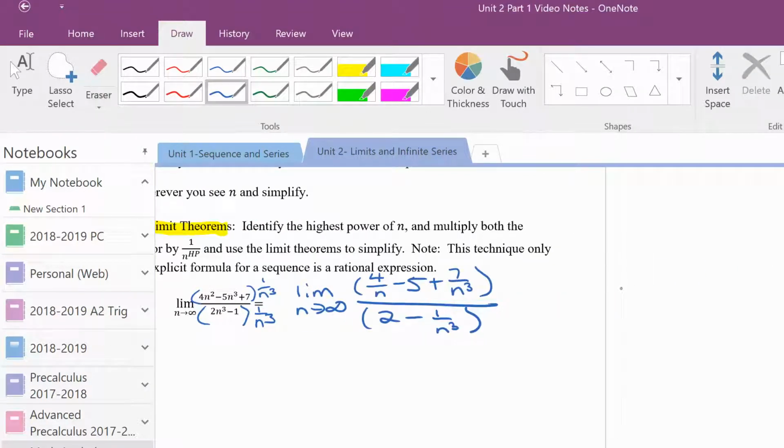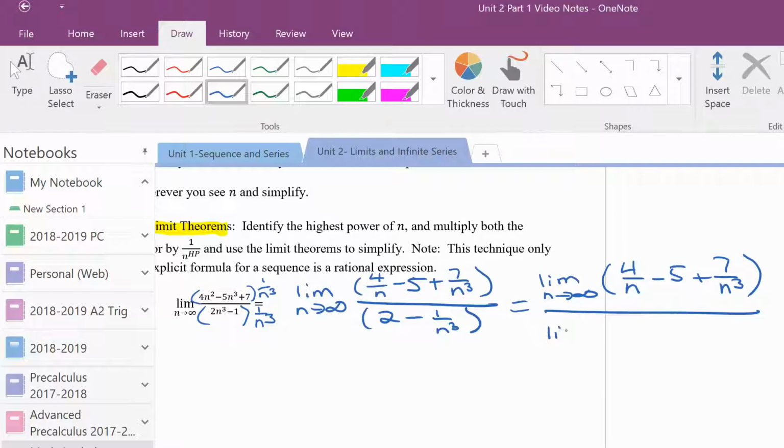And the limit rules here say that we can make this fraction, the quotient rule says that you can take the limit of the numerator, which is 4 over n minus 5 plus 7 over n to the third, over the limit as n approaches infinity of the denominator.